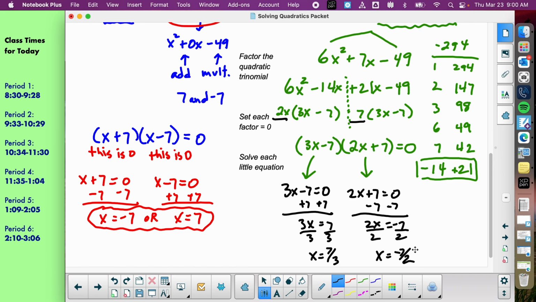Now, I will fully admit this one is definitely one of the more difficult problems we've done this year. But I would like to say that I'm impressed at how much better you guys have gotten over the year. Because if I would have shown you a problem similar to this near the beginning of the year, you guys would have given up right about at this step.